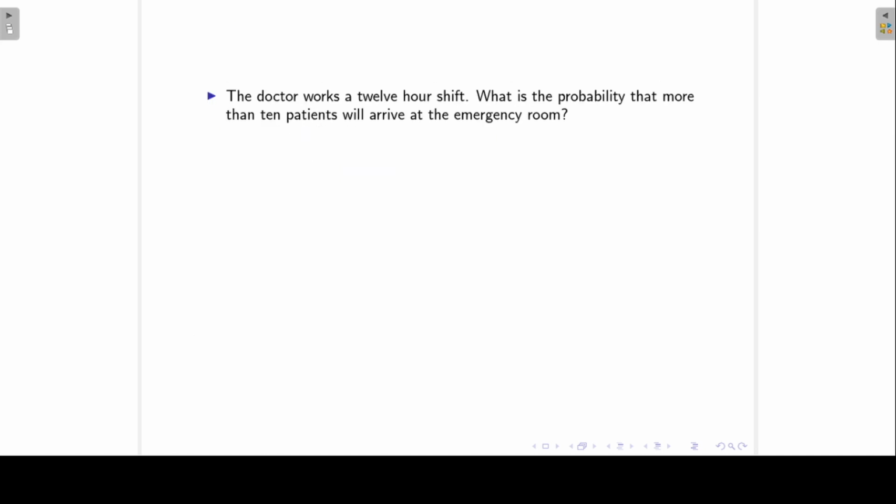Suppose the doctor works a 12-hour shift. What is the probability that more than 10 patients will arrive at the emergency room? So let's define the random variable v as the number of patients arriving in a 12-hour time period. Then v will follow a Poisson distribution, and my parameter will now be 1.8, and now I multiply by 12 for the 12 hours.